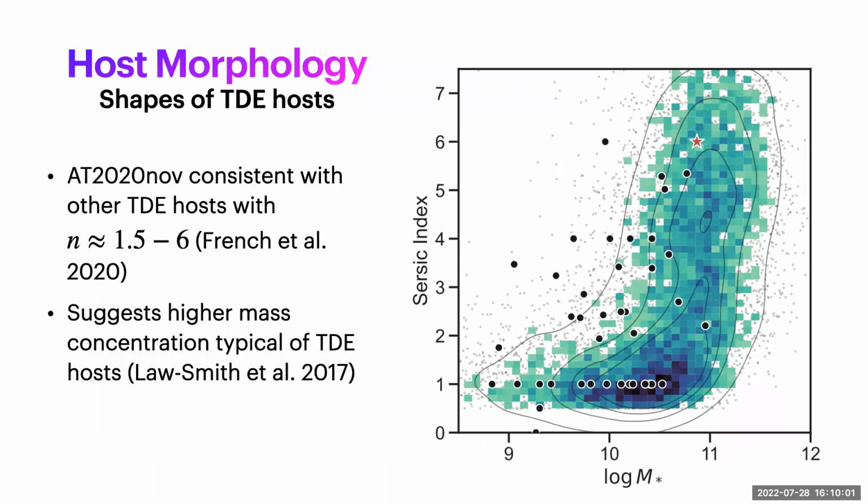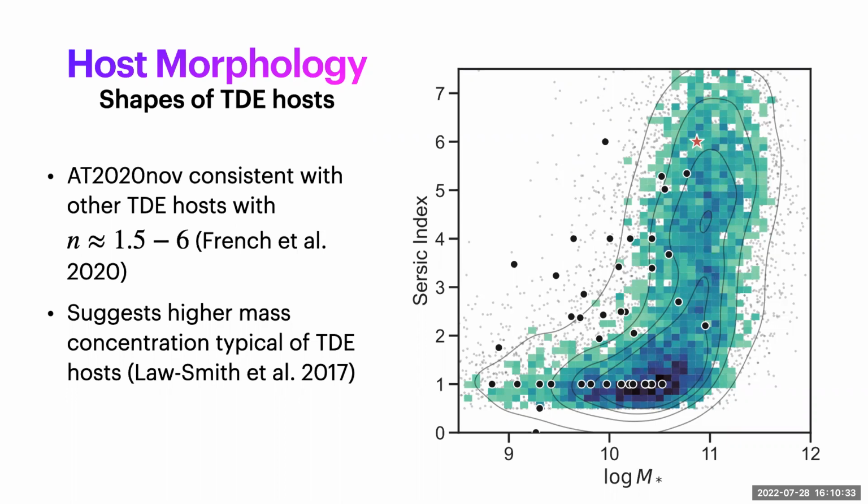We also do some analysis of the host morphology. The latest Legacy Imaging Survey data release includes some great Sersic index estimates. So from our stellar mass calculated using Prospector, we can plot that against our Sersic index, and we find that it is roughly consistent with the literature.